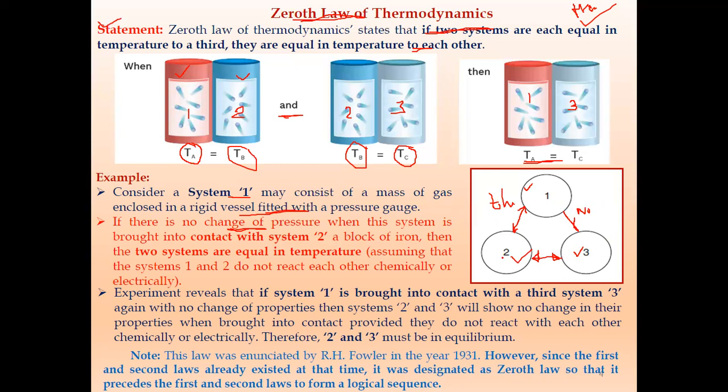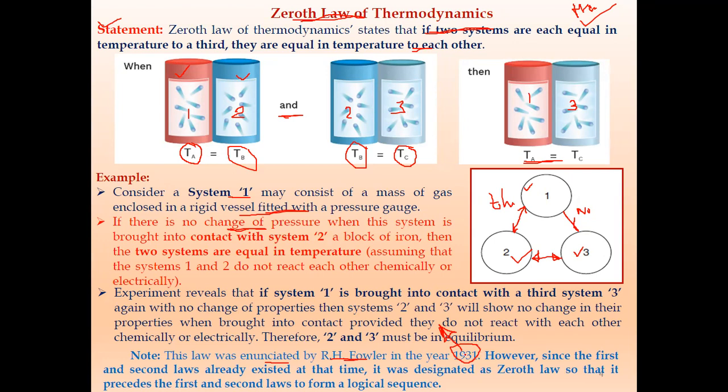Now this law was enunciated by R.H. Fowler in the year 1931. Before 1931, the first law of thermodynamics was discovered, and the second law of thermodynamics also existed at that time.